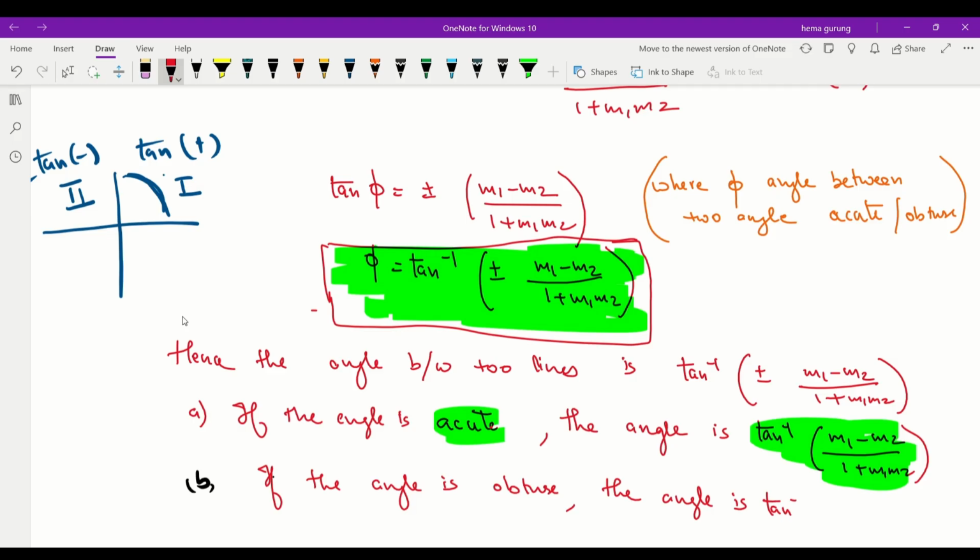For that, the formula keeps the minus sign: tan inverse of minus (m1 minus m2) divided by 1 plus m1 m2, and that's the formula for obtuse. Positive and negative, remember that.